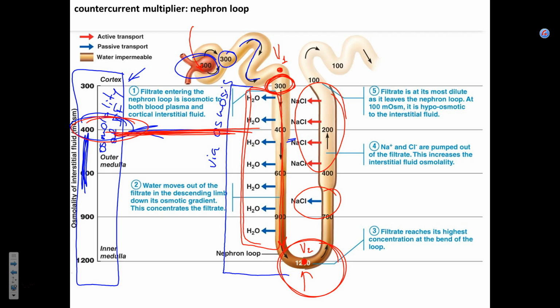What gets reabsorbed is the sodium chloride. Are you with me? As sodium chloride leaves the filtrate, what happens to the osmolality of the filtrate as it moves up through the ascending limb? Decreases. Is that understood? We take the salt away.